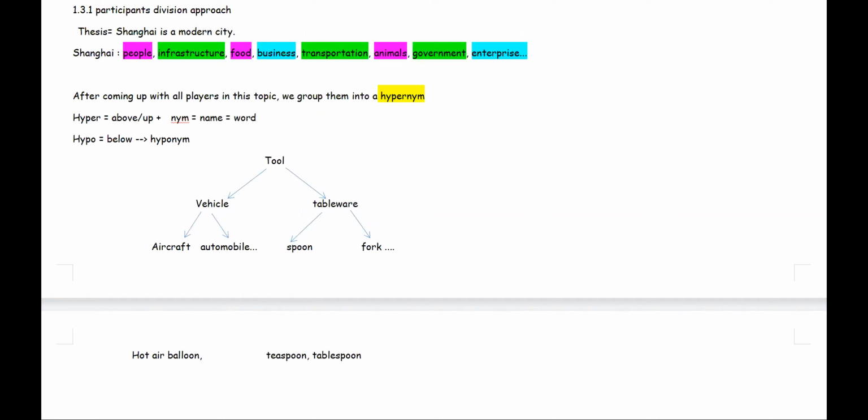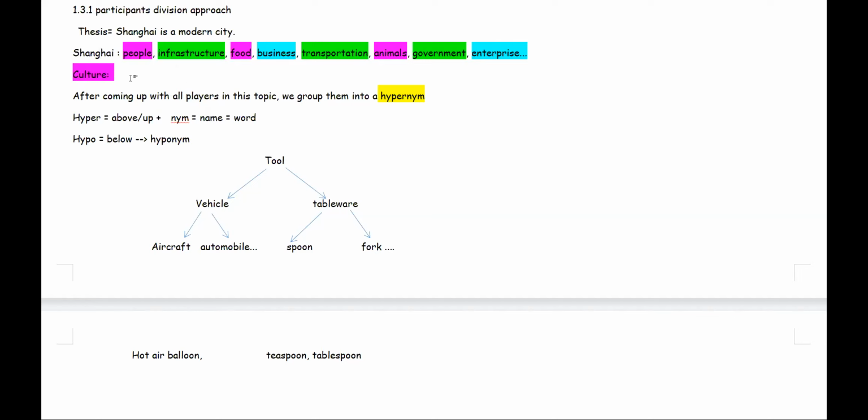And then I need to come up with a hypernym, right? So people, food, animal. I will just group them into what? How about culture? I will have culture as the big group for people, food, and animal. Why?